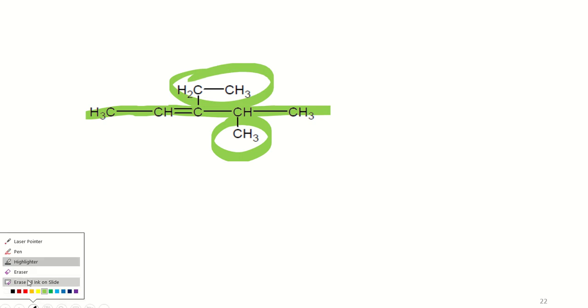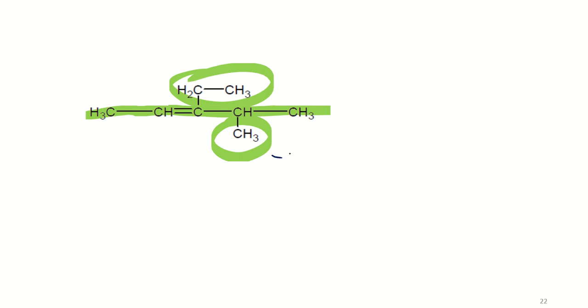Longest chain is straight across the page very nicely, and our 2 side chains are off that. You should be able to recognize these side chains pretty well now. We have a methyl here and an ethyl there. Our longest chain is 5, so we have a pent. We've got a double bond and it's an alkene.